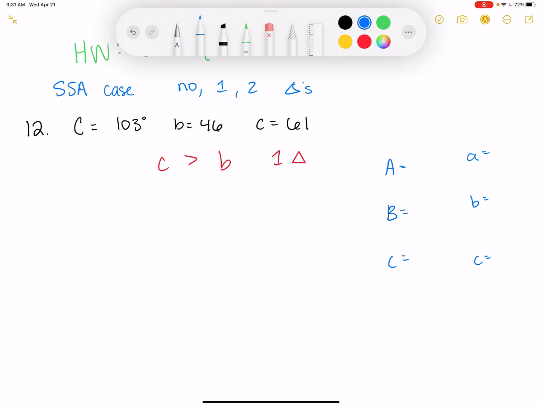It doesn't matter. All right, so let's see. Put in our knowns first. So I was given 103 degrees. I was given 46 and 61.